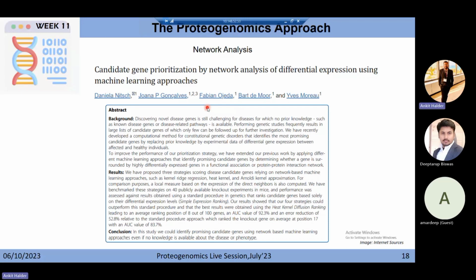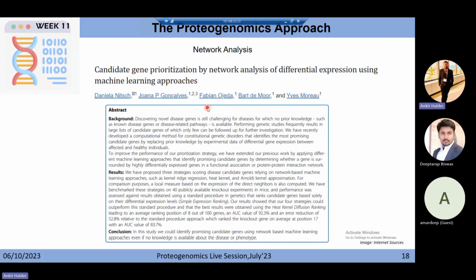But if the disease is novel, which we don't know, or the network of which we don't know, and we need to look at the genes having their maximum association, how do we move ahead with it? That's why I have given this manuscript, which says how we can do this for differential expression using machine learning approaches.